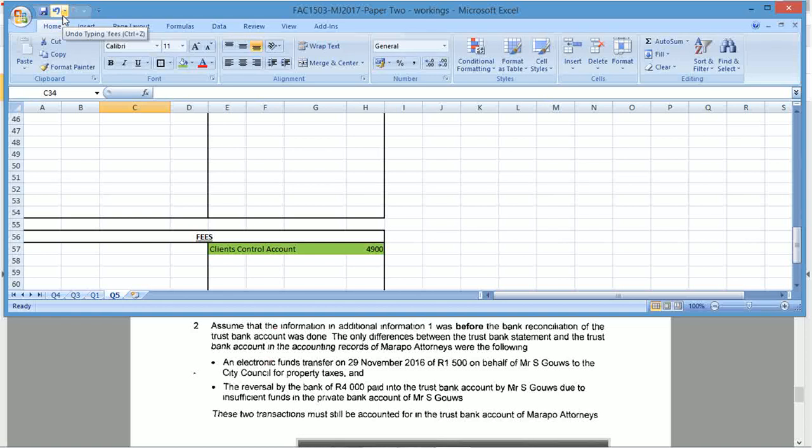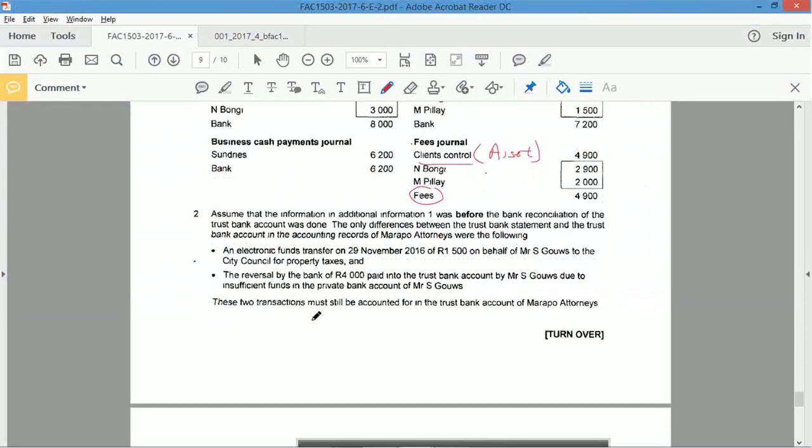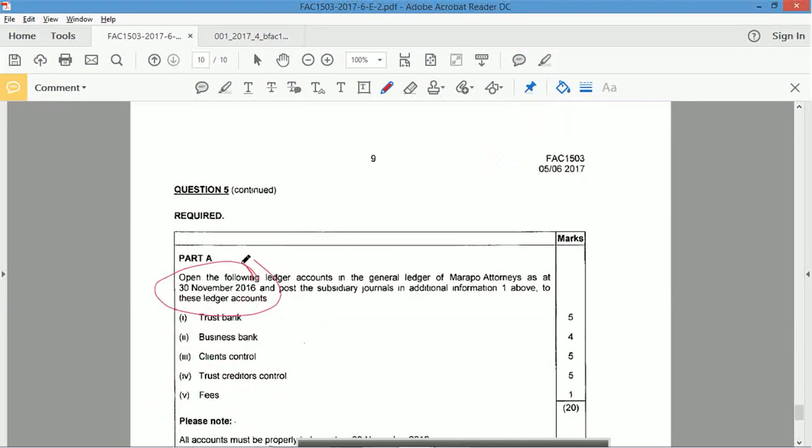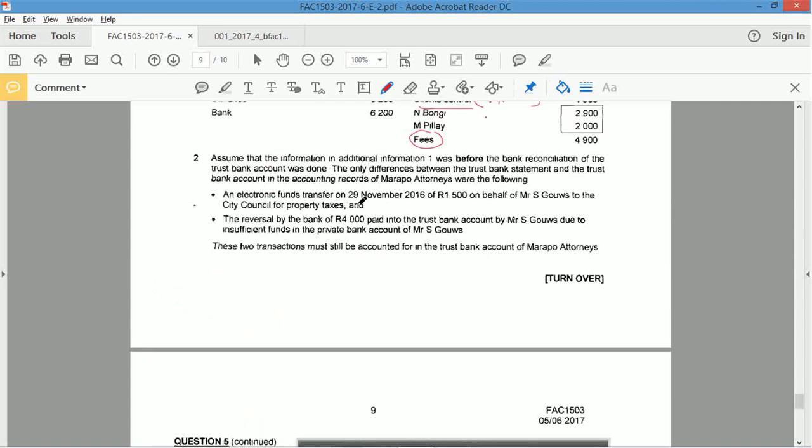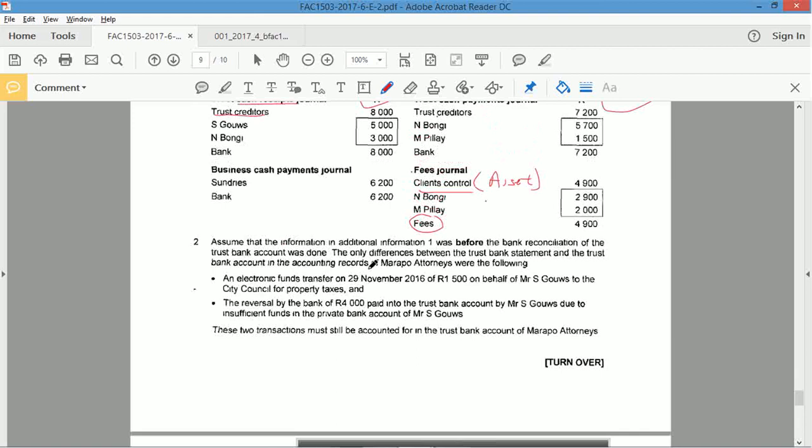The only differences between the trust bank statement and the trust bank account in the accounting records of Marapo were the following. An EFT transfer on 29 November 2016. Is that more than 6 months ago? Where are we in terms of time? 30th of November 2016. This was literally the day before the end.